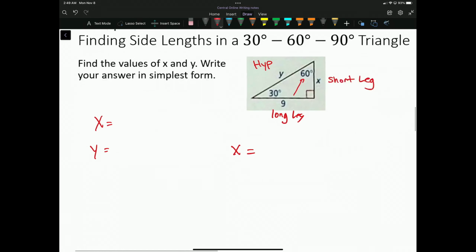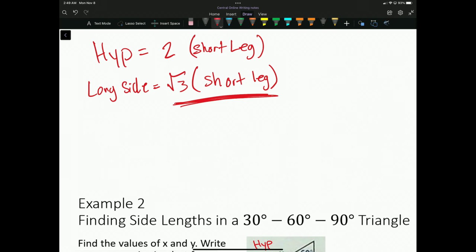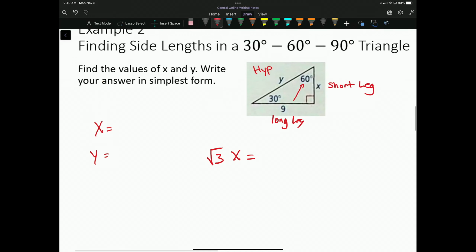Short leg is x. We have to multiply that by the square root of 3. So that's this part right here. Short leg times the square root of 3. So my short leg is x, multiplying that by the square root of 3, and that's going to equal my long leg. And my long leg is 9.